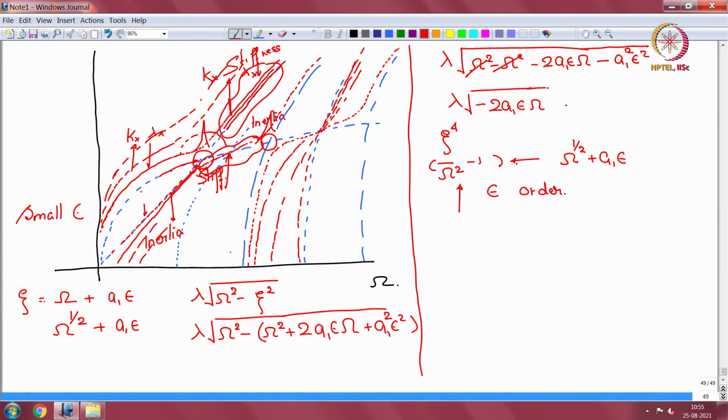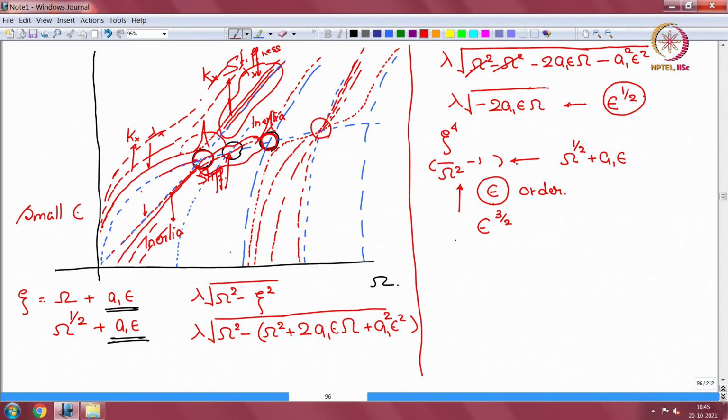So here I have a correction of epsilon to the power half order. So this epsilon order correction and that epsilon to the power half correction will give me an epsilon to the power 3 by 2 order correction.